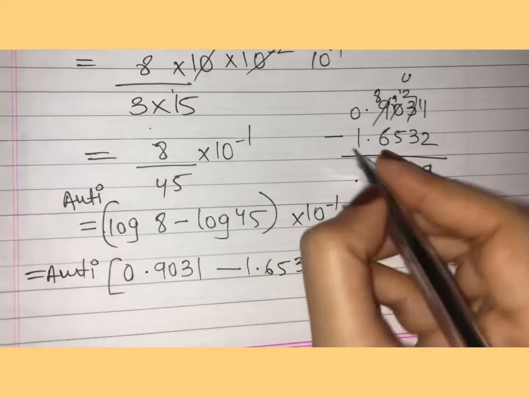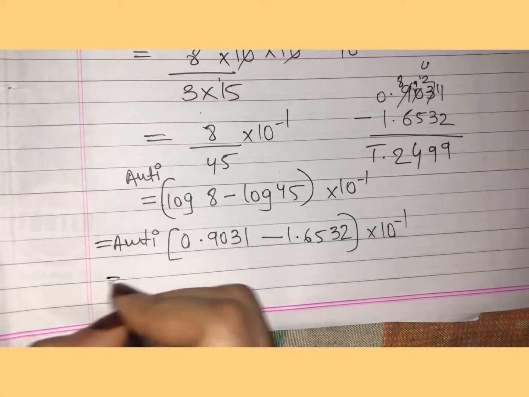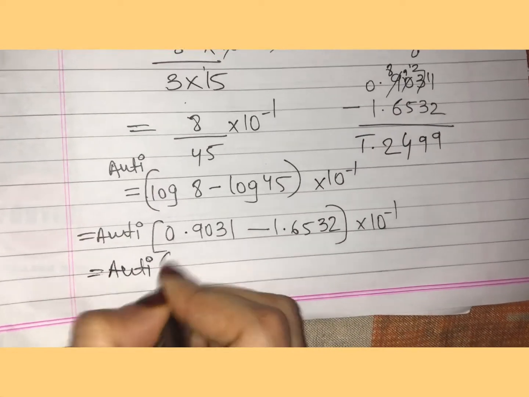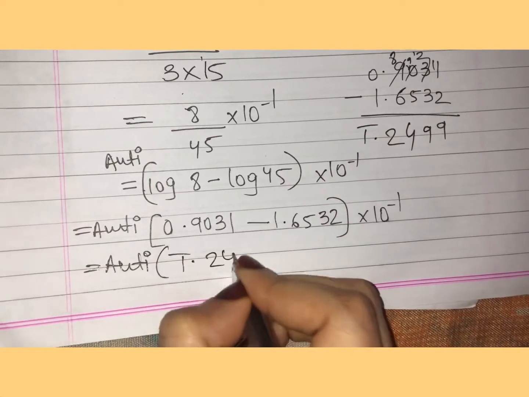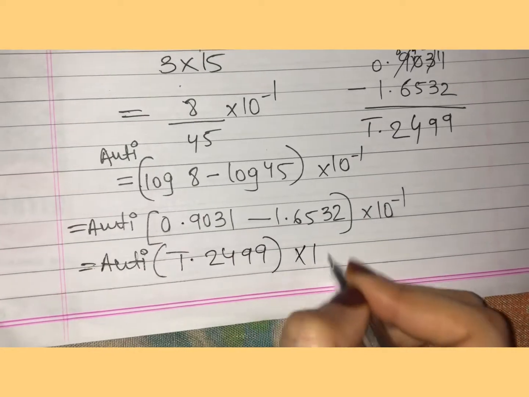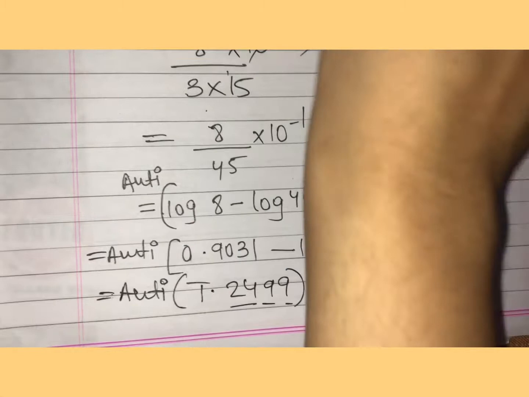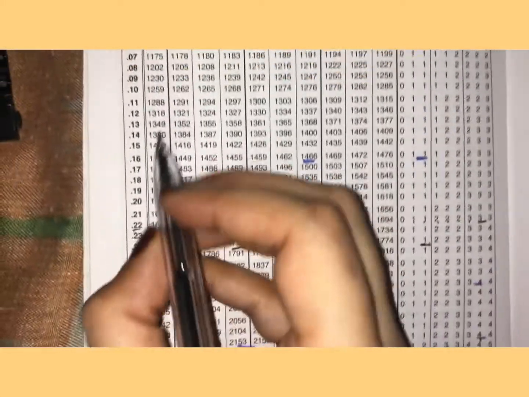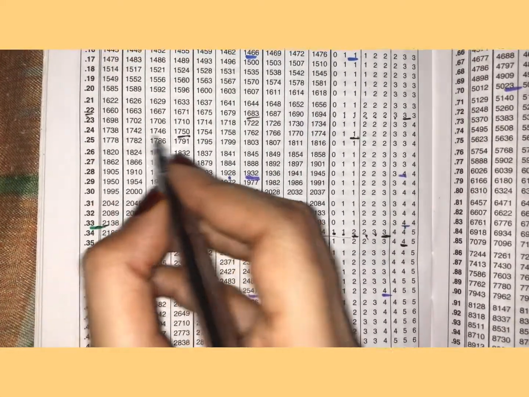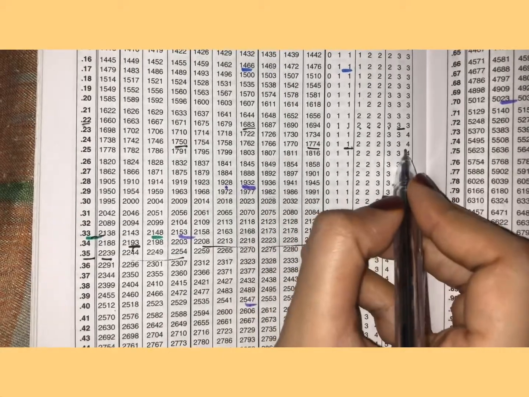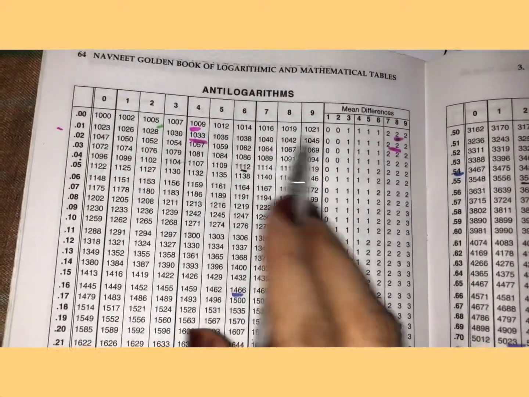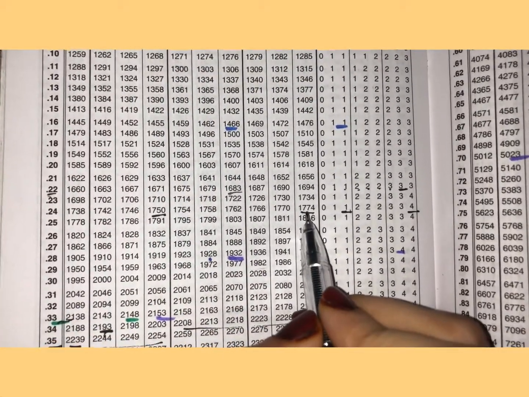Now 0 minus 1 is minus 1. So anti-log of bar 1.2499 into 10 raised to minus 1. Anti-log of 24 is 1774, plus the 9s gives 4, so 1778.